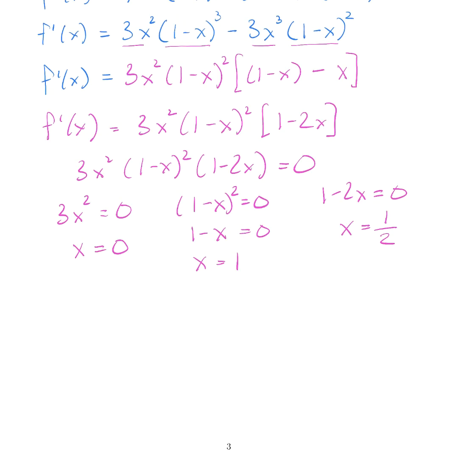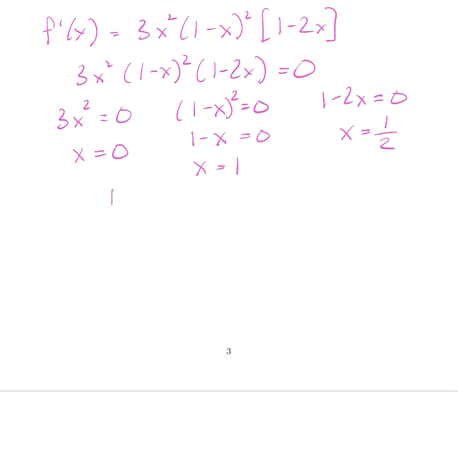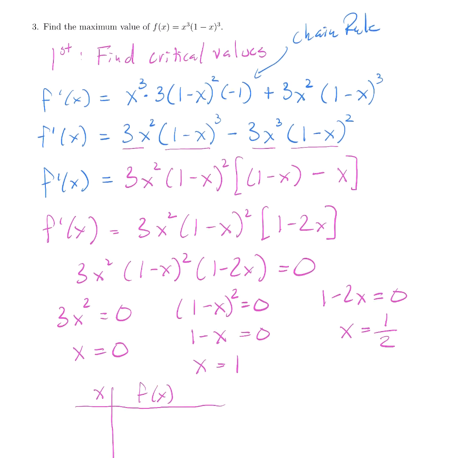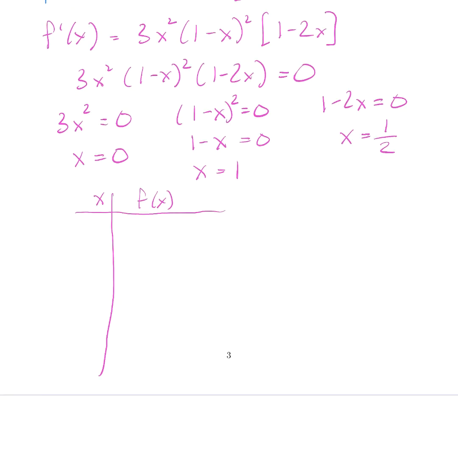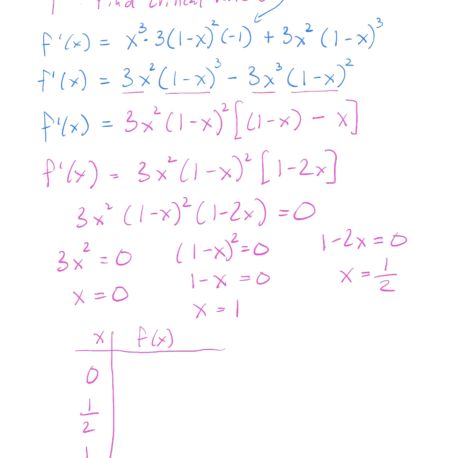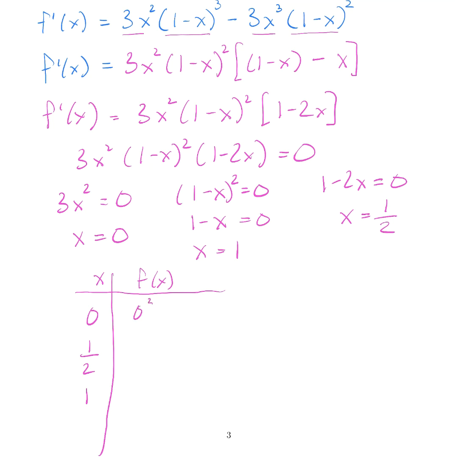Okay, so those are the options for maximum value of this function. And so let's see where that maximum occurs. x, f of x. And we need to check our three critical values, 0, 1/2, and 1. And at 0, what do we get? We get 0 cubed times 1 minus 0 cubed, which is 0.